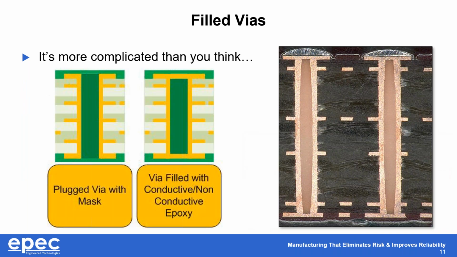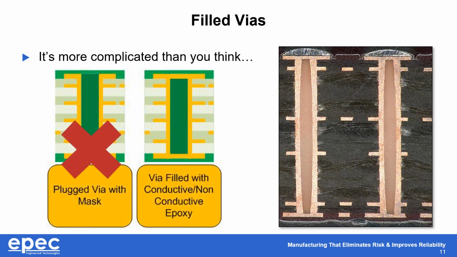One of the next things we want to talk about is a filled via, and what you see on the right is a conductive filled via. There's two types. If you're talking about plugging a via with solder mask, that's really simple. That's not hard to do. That's just part of the process of either screening or spraying or whatever you do to coat the solder mask onto the panel before you image the solder mask. So that's not hard at all, right?